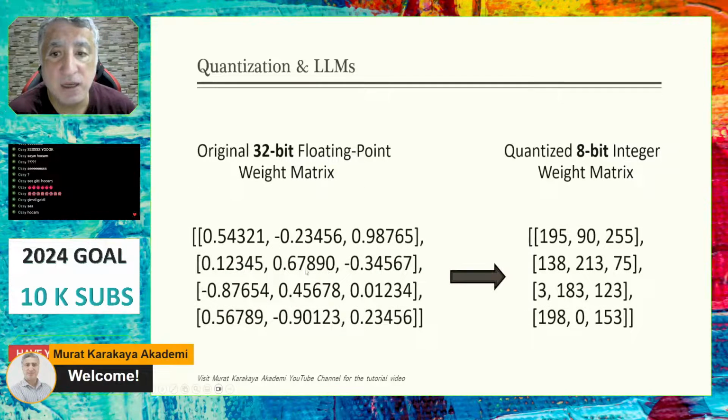In the end, we began with a 32-bit floating point representation of this weight matrix. Now the weight matrix becomes a matrix of integer numbers. The range of these integer numbers is now between 0 and 255. I think with this example, you would understand quantization in simple terms.